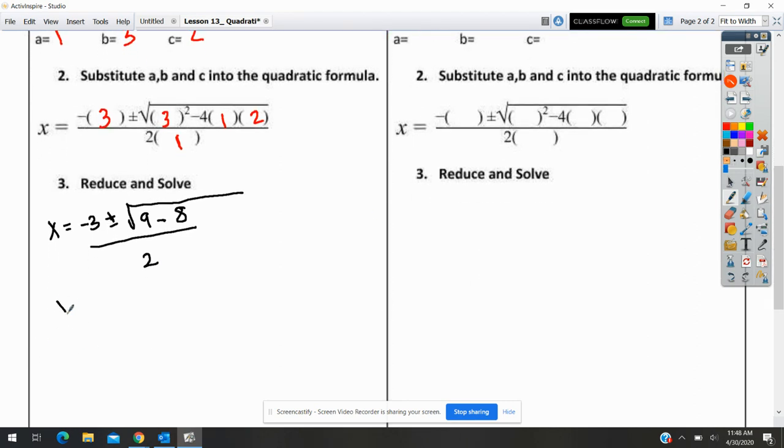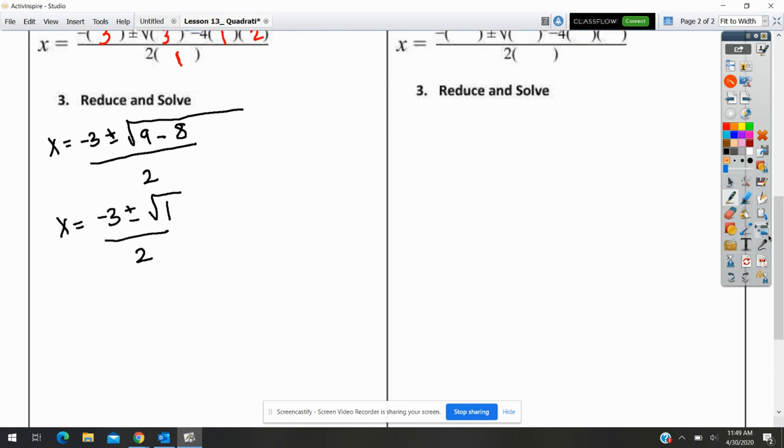Now, let's continue to reduce this further. I'm bringing down whatever we didn't touch. Under the square root sign, we have 9 minus 8, which is 1, and we still have this whole thing divided by 2. Now we're getting very close to our answer.